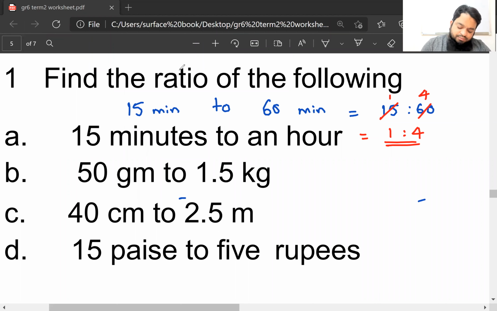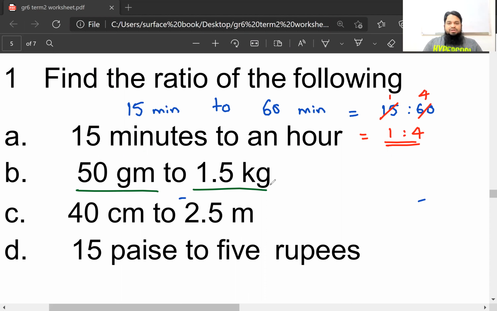50 grams to 1.5 kg. Here also it's the same. Grams and kilograms: whenever you have to change the units, try to change the bigger unit to the smaller.